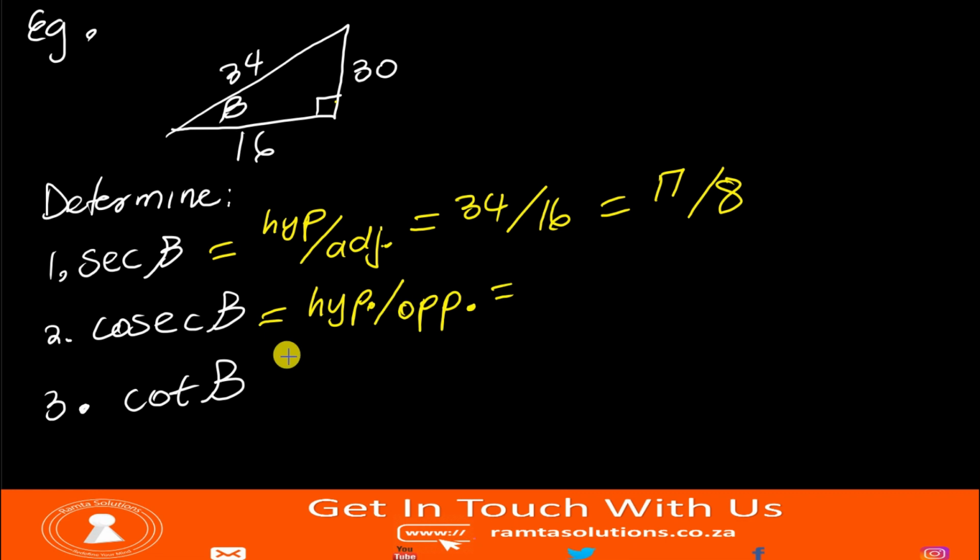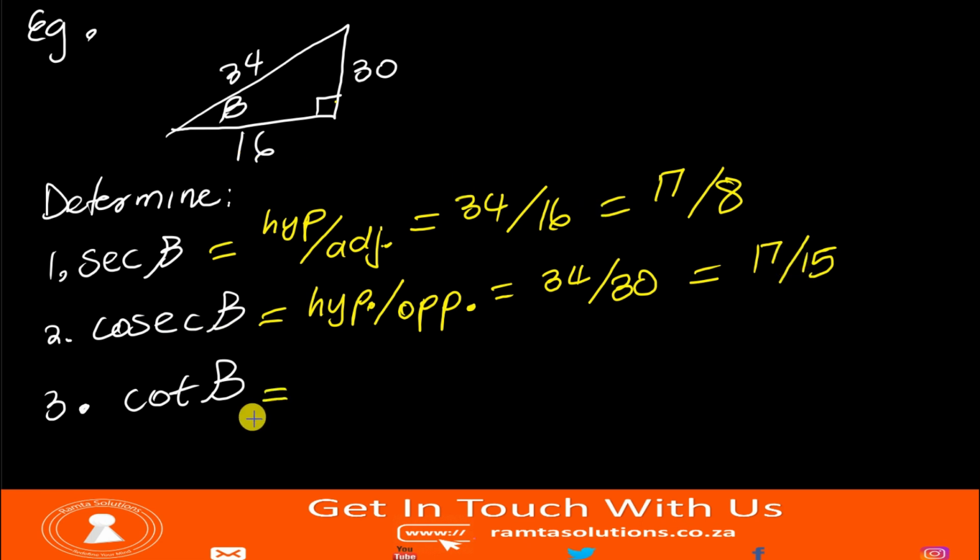The hypotenuse is still 34, and the side opposite beta is 30 units. Therefore this is 17 over 15. So cosec beta is 17 over 15.